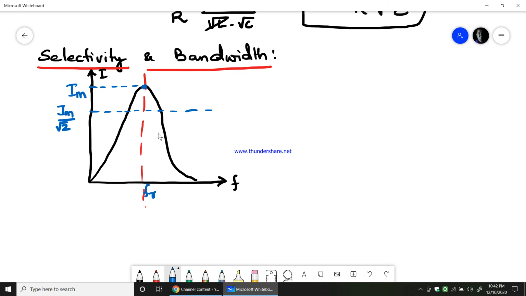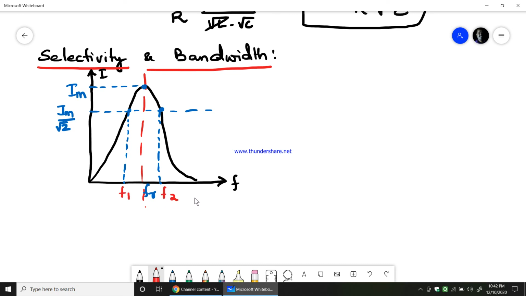When you divide Im by root 2, this is where it meets the curve, where we take two frequencies. See, this line meets 2 points. One is at the leading curve and the other point is at the lagging curve. We take these 2 points and mark the two frequencies as F1 and F2.